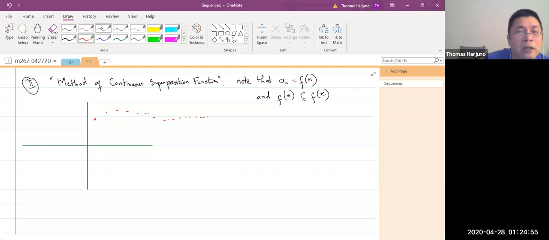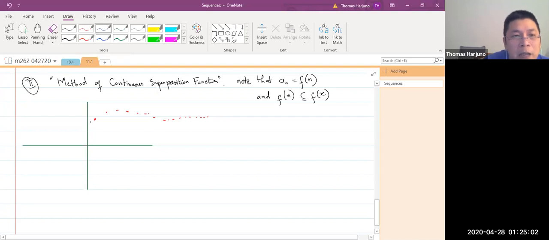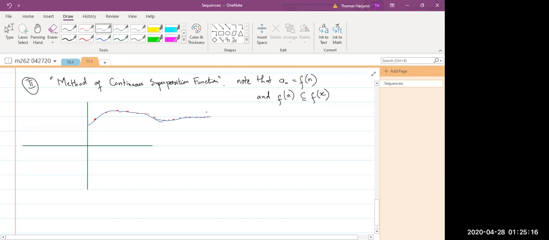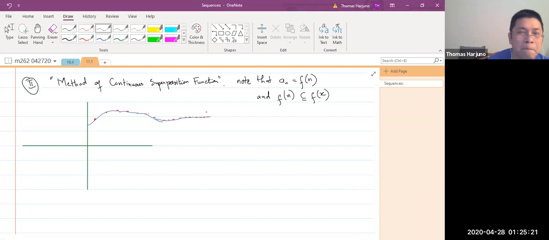When I say the terms a sub n are a subset of f(x), it means these red dots are part of this curve. So the dots are f(n) and the whole curve is f of x? That's correct. Yes.